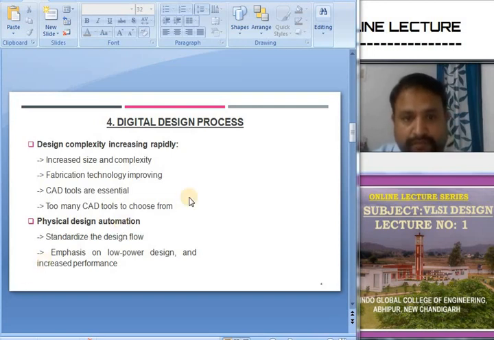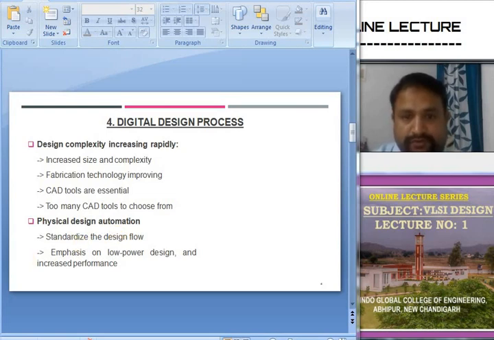So there is a fantastic growth in the semiconductor technology, and the way we are able to pack more and more devices in a single circuit, the digital design processes are going to be important from time to time.